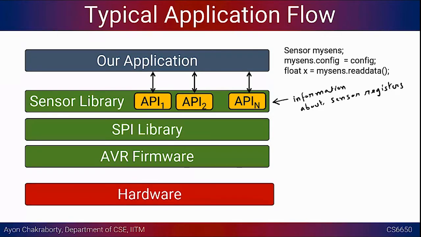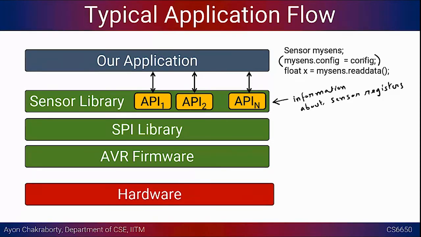So there could be lots of different configurations available. The way I have written it here, my sense.config is equal to config. This config could be a list of different configurations, and those configurations have to be written to certain registers, right? A certain register could turn on or turn off a certain feature.